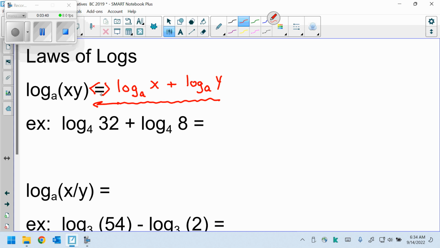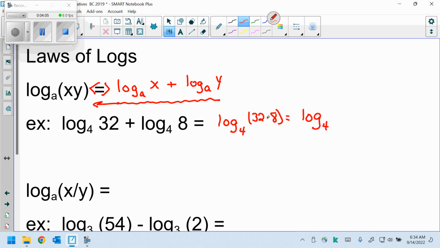So if we are given two logs and we're asked to express this as a single log, this thing would be log base 4, and we'd have to take this 32 and multiply it by the 8. And I don't know, this might come out nice. Let's double check.